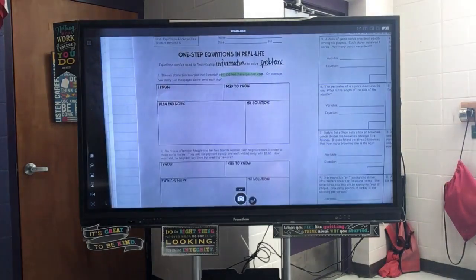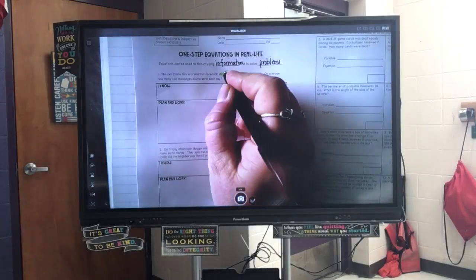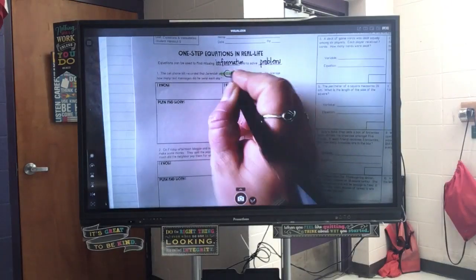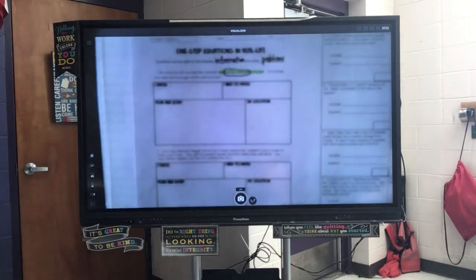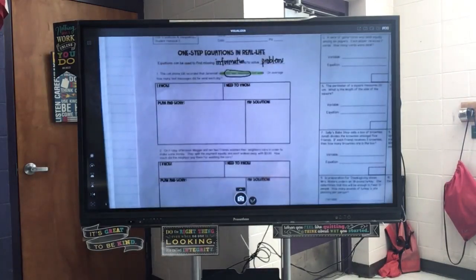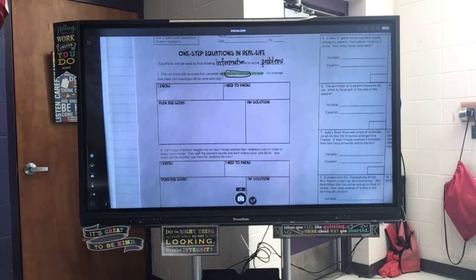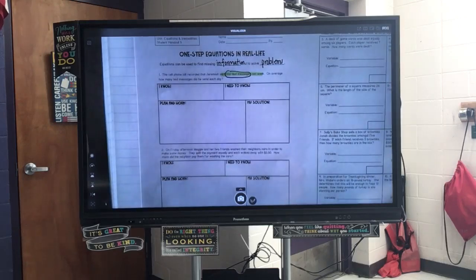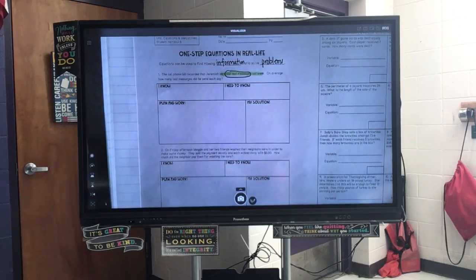Okay, and with that being said, what do we know 532 text messages is standing for? Mikael, what does it stand for? So again, just use a word that makes more sense to everybody. What does it stand for?